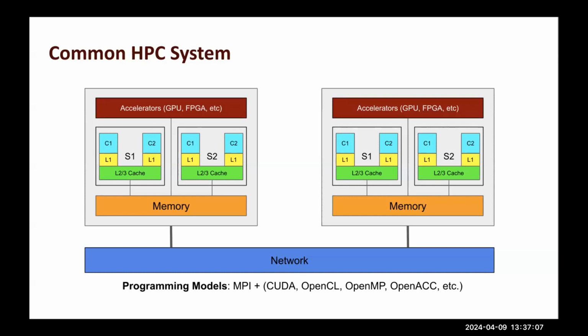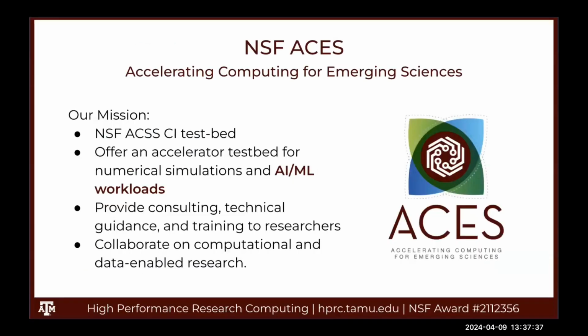MPI helps manage the communication between the nodes through the network, and CUDA, OpenCL, OpenMP, and others help with in-node management, because those are more helpful for utilizing accelerators or using the multiple cores in the CPUs for multi-threaded computation. So basically, this is an overview of traditional HPC systems with hardware and a software stack.